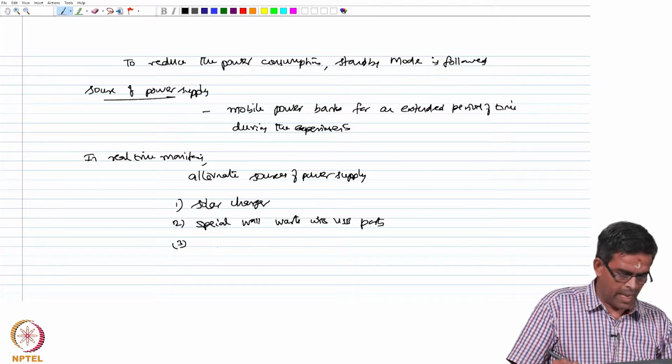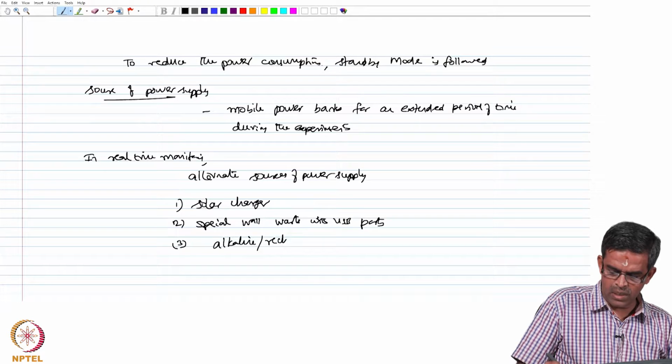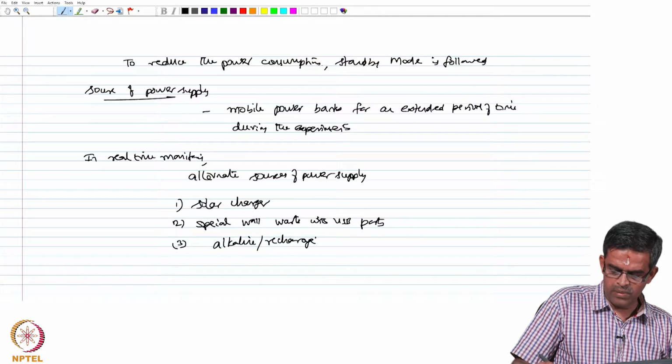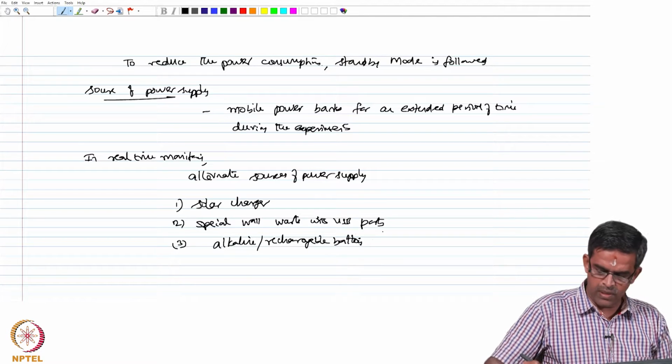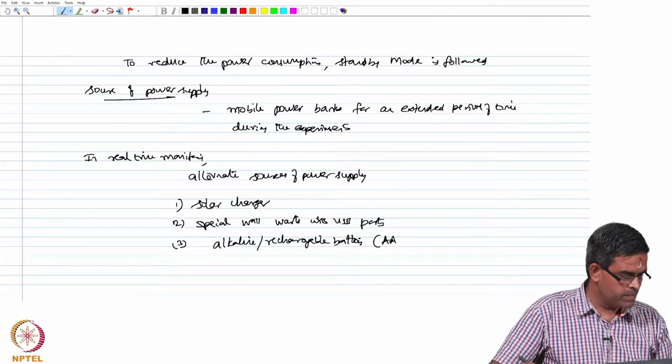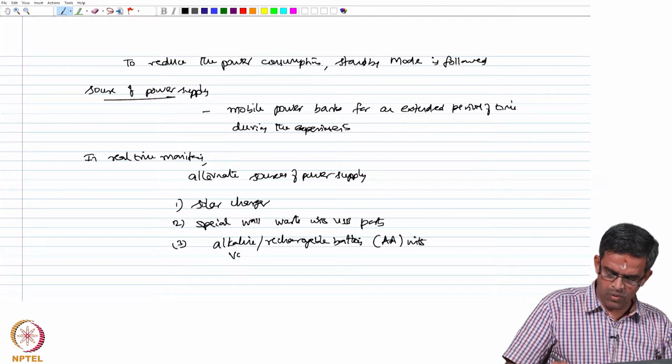One can also use alkaline batteries or rechargeable batteries, which are essentially AA batteries, which are used of course with a voltage regulator.